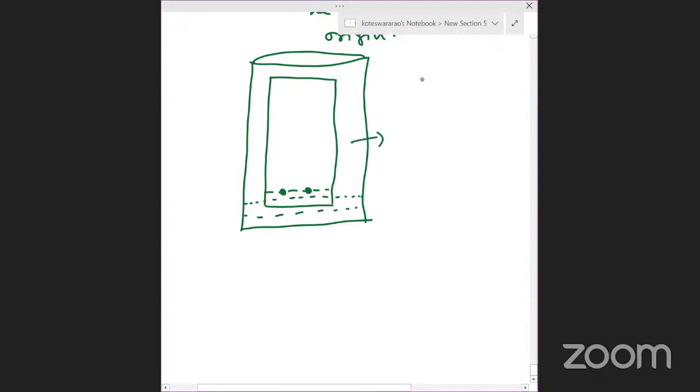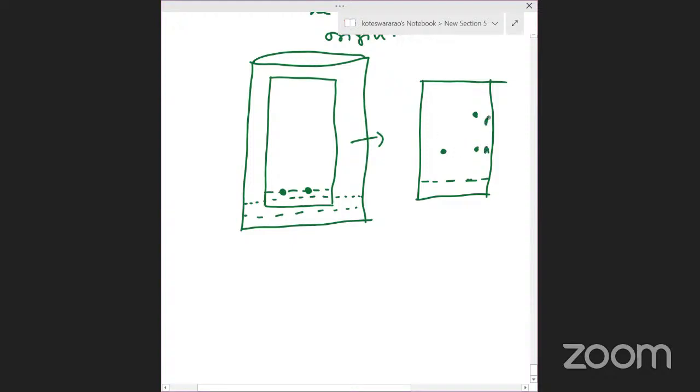After development, you take out the paper from the development tank. This is the origin line. The compound is moving here, and suppose this is the mixture, which contains one compound, and this is another compound. This is the mixture, and this is the pure compound for standard reference. Now, what is the RF value?